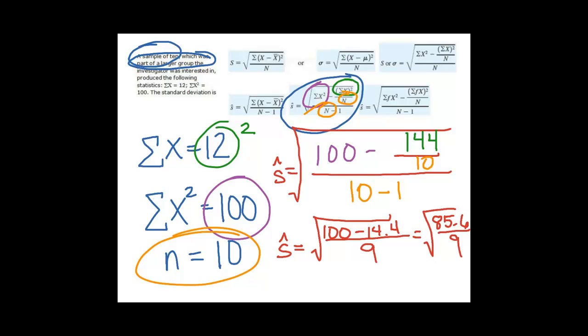Plug that into your calculator, and it tells you that S hat is equal to the square root of 9.51111. So I just kept a couple of them. Hit square root, and finally the answer for this sample, the standard deviation that you can generalize to a population, is 3.08.